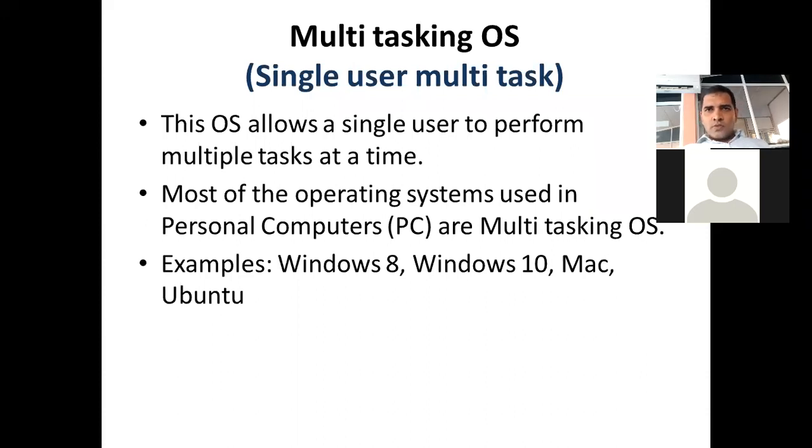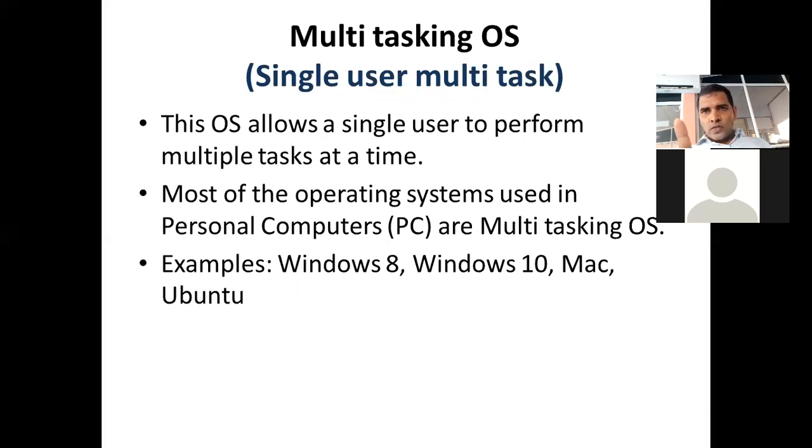But many tasks. So how is single user multitask possible? This may be the common operating system which we all use, right? If you take your computer at home, yes, you are the only person who can work at a time. Maybe your family members can work, but at a given time, only one user can work.